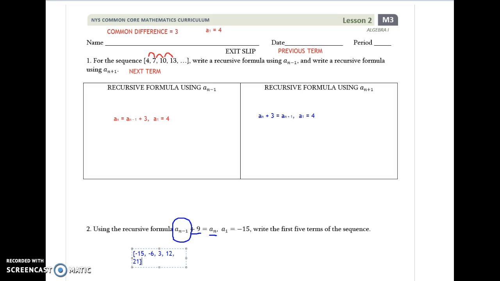Finish those curly brackets because that's required. That's part of the notation. And if you think about it, you can rewrite this recursive formula using a sub n plus 1 notation. This is a little bonus for you.